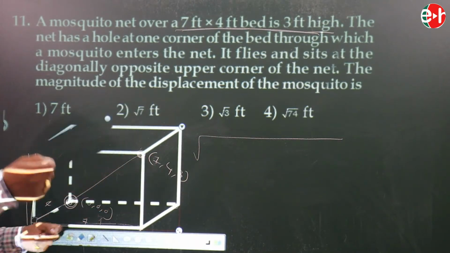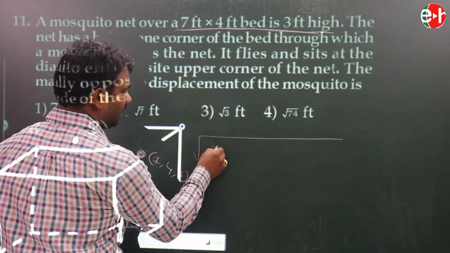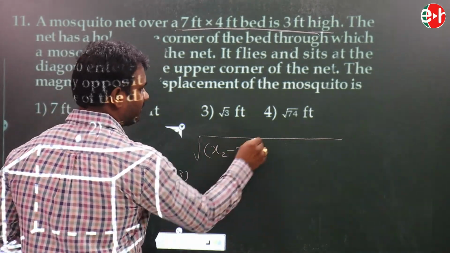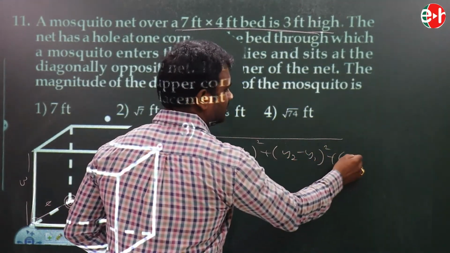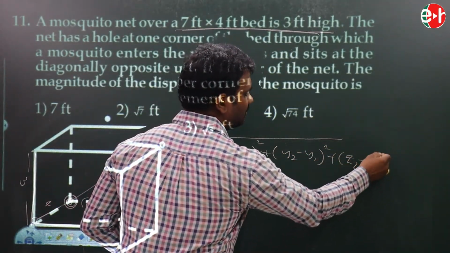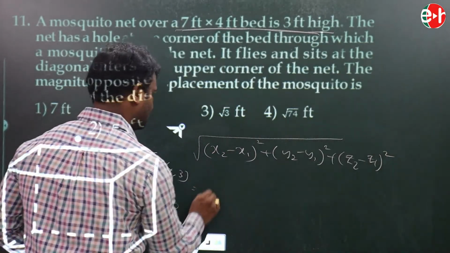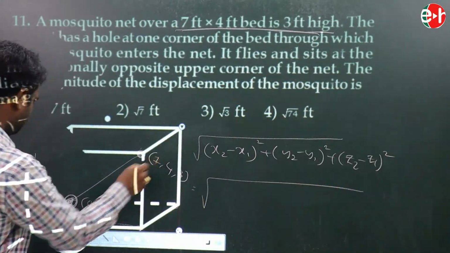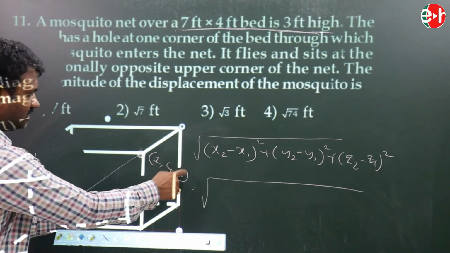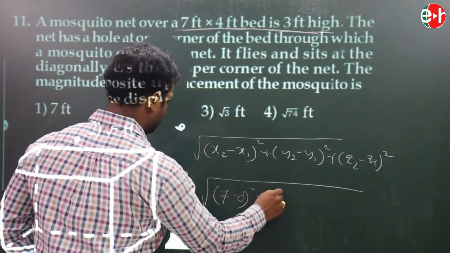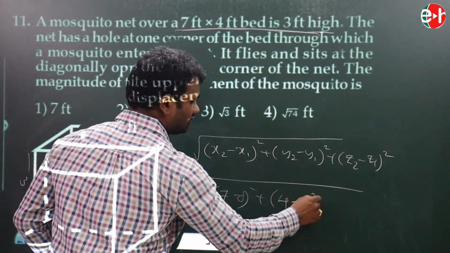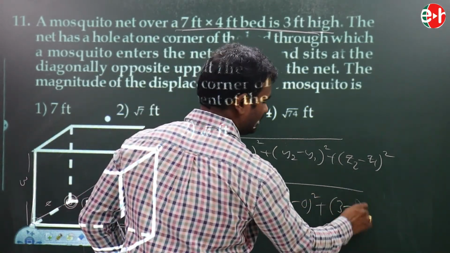So the distance between 2 points is given by the square root of x2 minus x1 whole square plus y2 minus y1 whole square plus z2 minus z1 whole square. That is equal to root over 7 minus 0 whole square plus 4 minus 0 whole square plus 3 minus 0 whole square.